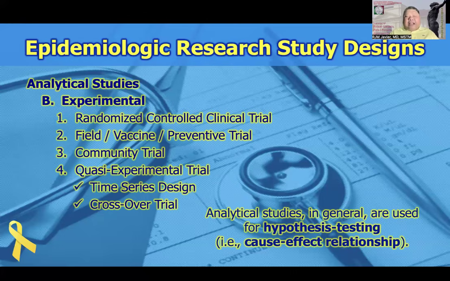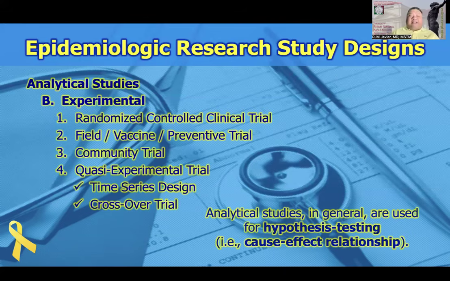And again, just like any other experiment, just like any other analytical study design, they are considered ideal for hypothesis testing. In fact, your randomized controlled clinical trial is regarded as the gold standard in testing hypotheses of causation.